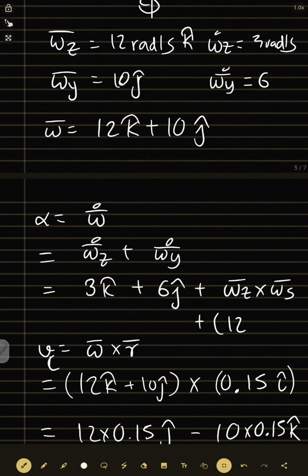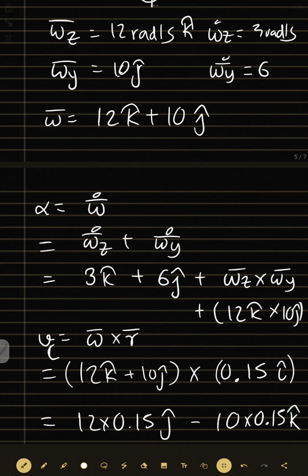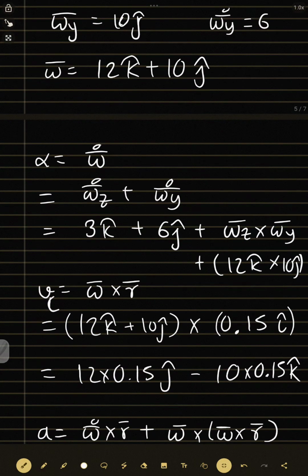So what is this omega p? 12 k cross 10, right? k cross j is minus i, so minus 120, right?